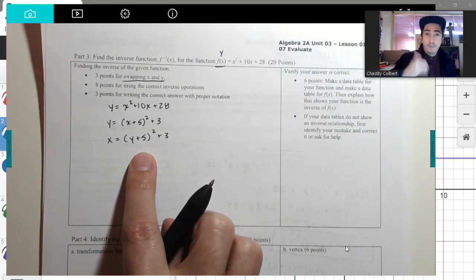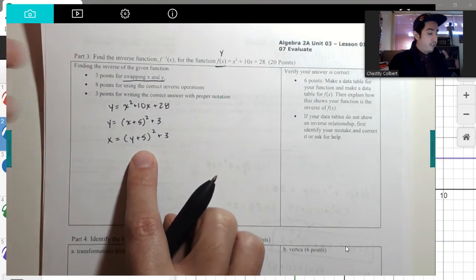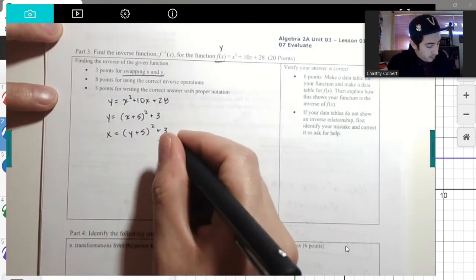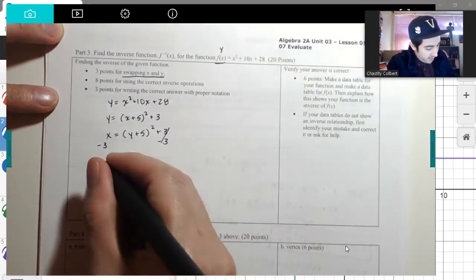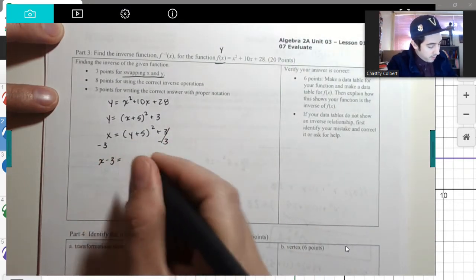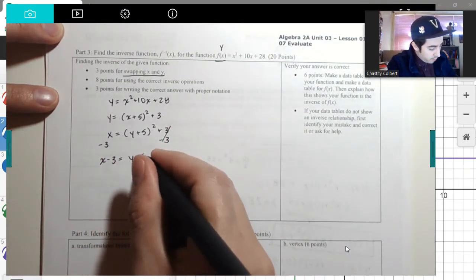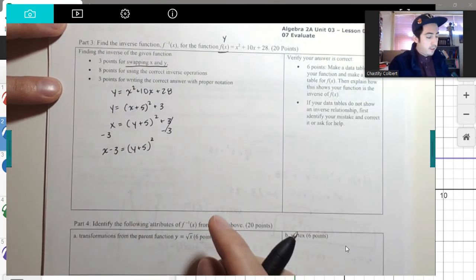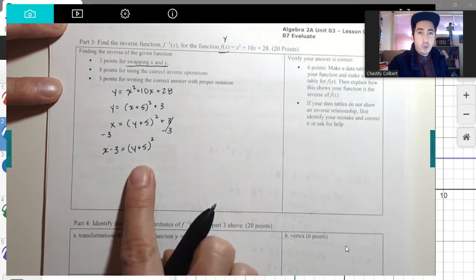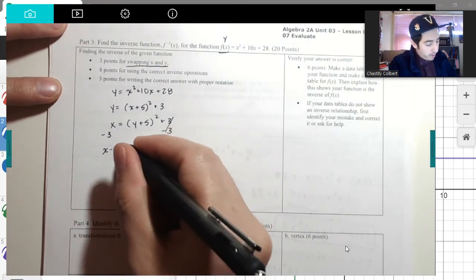And now I'm going to solve for y. So I want to get y by itself. So first thing I do is subtract 3 here. Cancels out. I get x minus 3 equals y plus 5 squared. So how do I get rid of the square? You square root it.